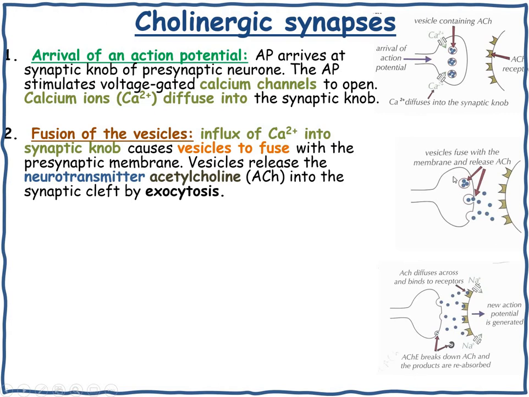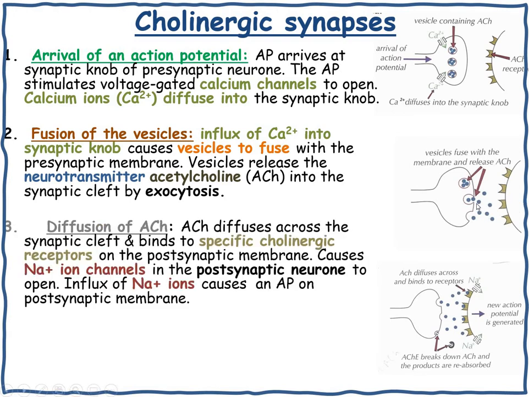Then the influx of calcium causes the synaptic knob to move the vesicles towards the presynaptic membrane, and the vesicles then fuse with the presynaptic membrane, releasing the neurotransmitter acetylcholine into the synaptic cleft by exocytosis.